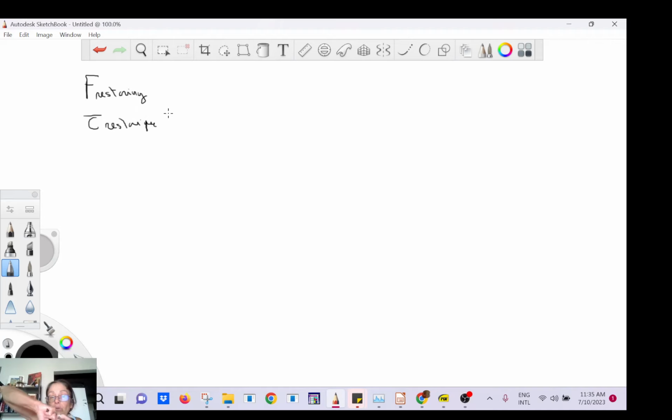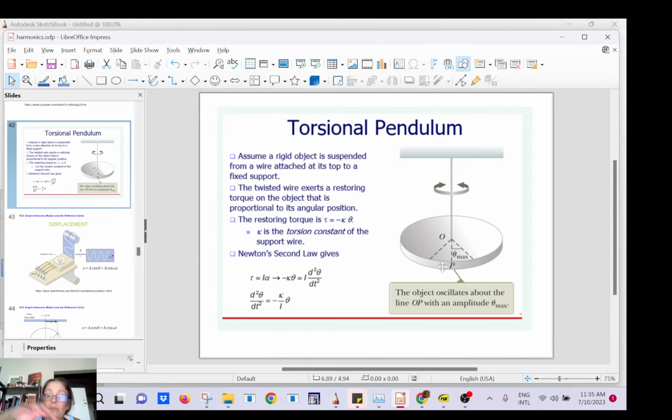That means when you are twisting something like a wire, like I showed you the example last time, you have a wire here, you twist and then you let go, it's going to oscillate and it will also follow a simple harmonic motion.